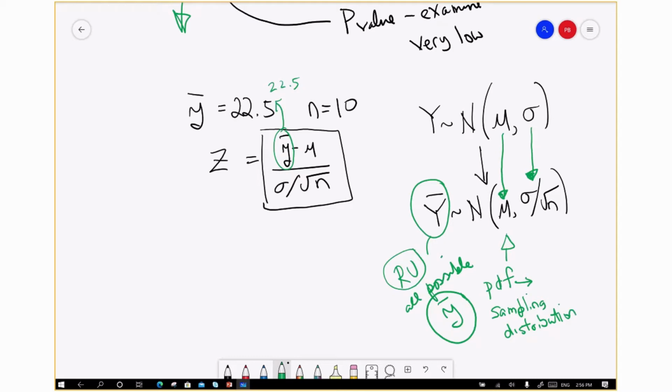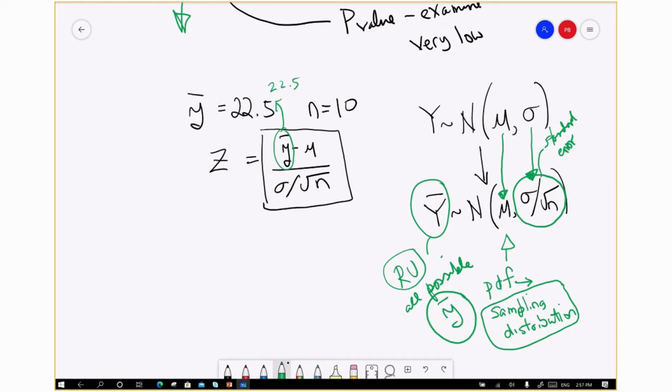There's one other important term: when we think about the standard deviation of this special PDF, the sampling distribution, it has a particular name, known as the standard error. Sometimes it's referred to as the standard error of the mean.